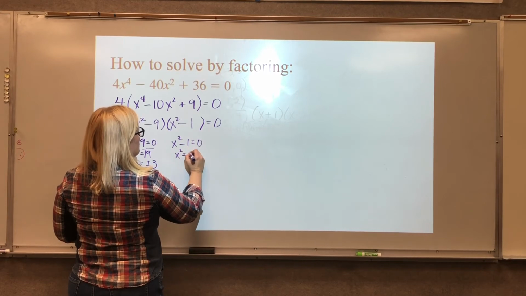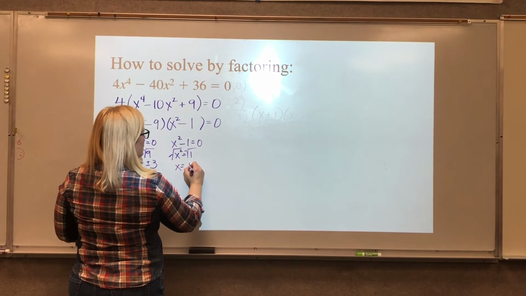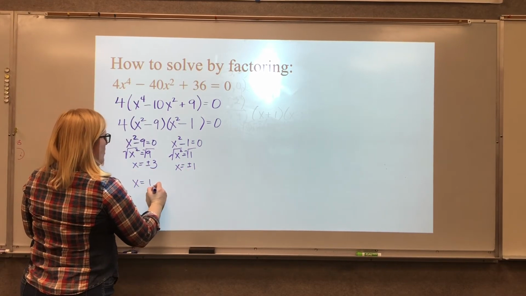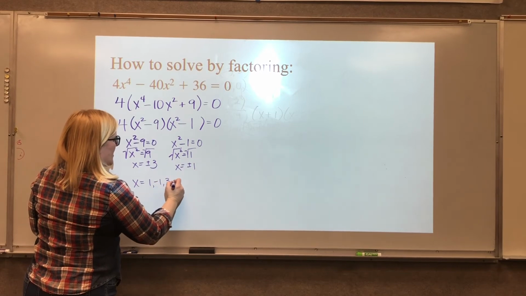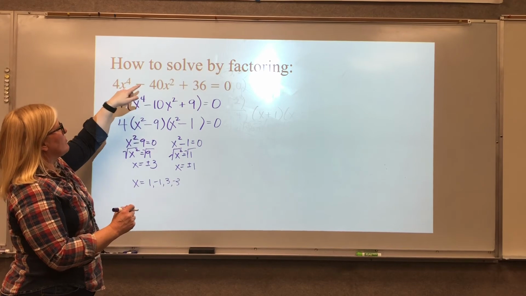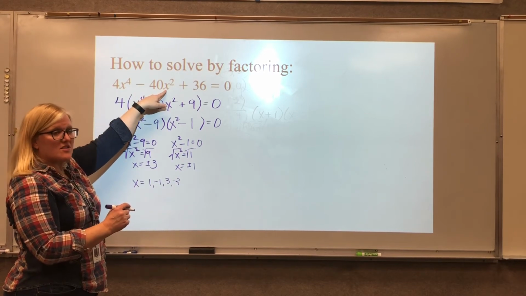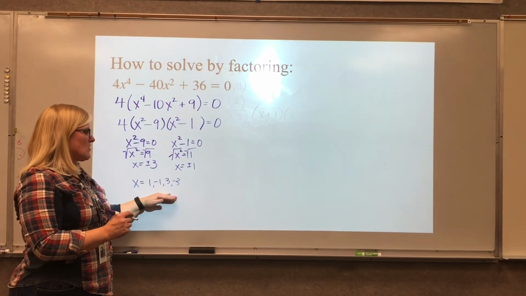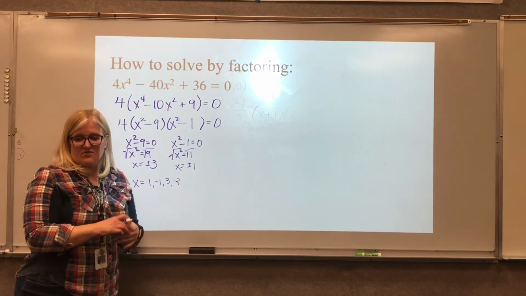X squared equals 1. Take the square root of those, so x equals plus or minus 1. And we get the same answer. So x equals 1, -1, 3, and -3. So if I put in positive or negative 1, or positive or negative 3 into this equation, I will get 0. So these are the zeros or the roots of this function.